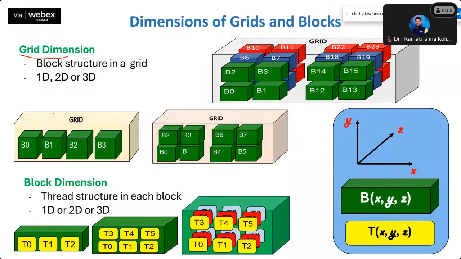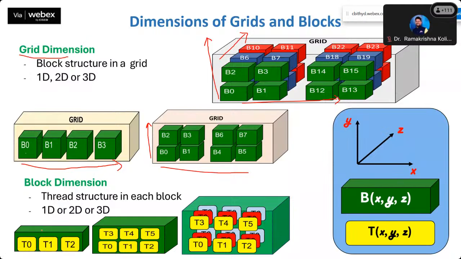The grid means the entire GPU, and within that grid the blocks can be launched in one dimension, all blocks in a line, or in two dimensions, or in three dimensions. Similarly, within a block, threads can also be launched in one, two, or three dimensions.